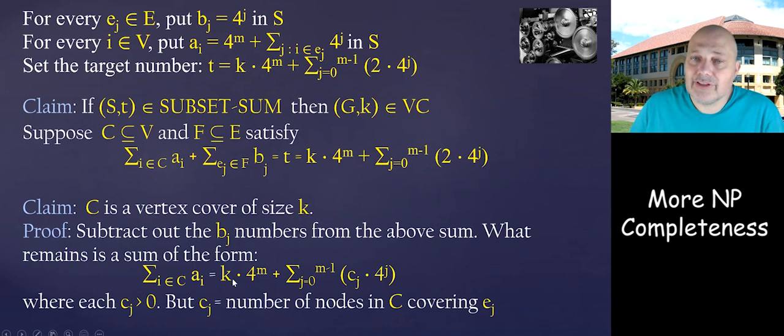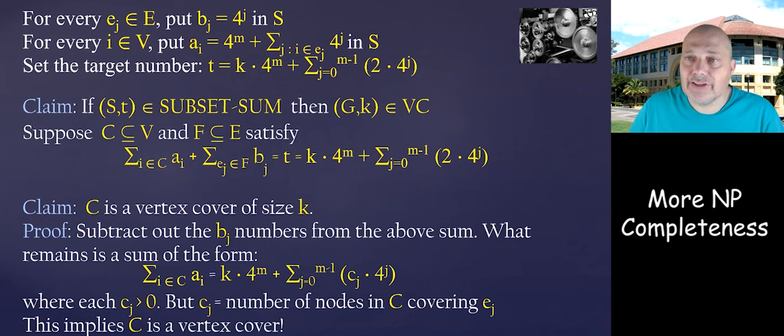So you have k vertices, and they touch all of the edges, because the only way to get these numbers 4 to the j is if in the part of the vertices there is at least one vertex that touches this edge ej. Only for these vertices you have this number 4 to the j. So this means that it covers all the ej's. This implies that C is a vertex cover indeed.